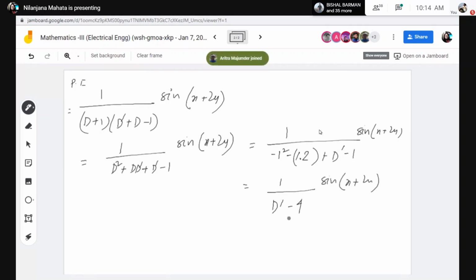Since we have to make this D dash square, I will multiply, that is, operate this by sine x plus 2y.